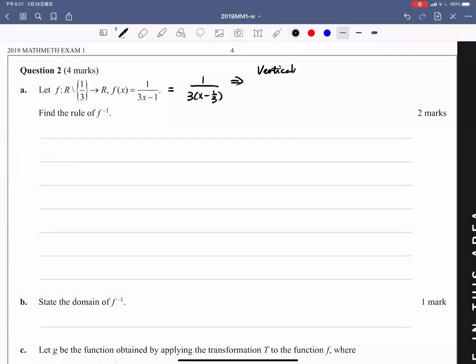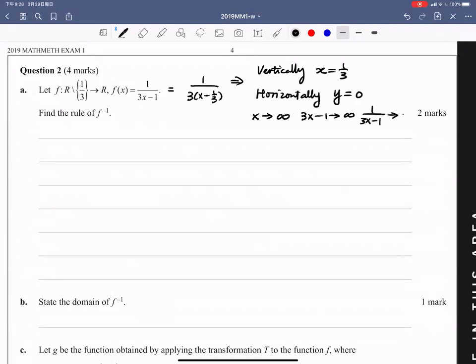Vertically, I have x equals 1/3. Horizontally, I will have y equals 0, okay? Because when x approaches infinity, 3x minus 1 will approach infinity, and 1 over 3x minus 1 will approach 0. Okay, we want to find the rule for f inverse.